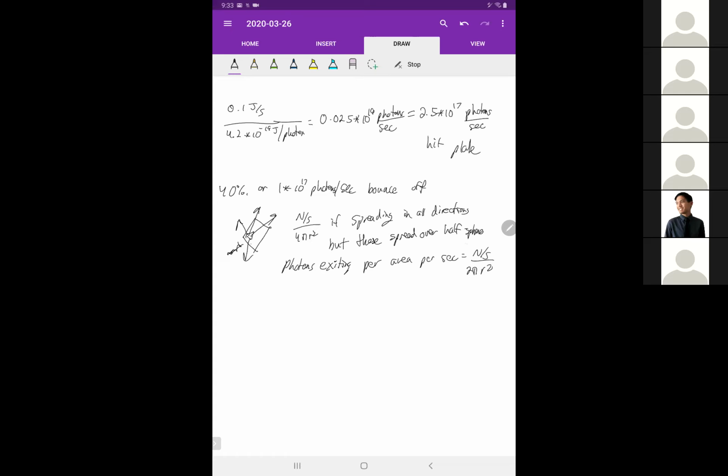Okay. Now, the satellite is roughly 200 kilometers away. All right, so R is 2 times 10 to the 5th meters.